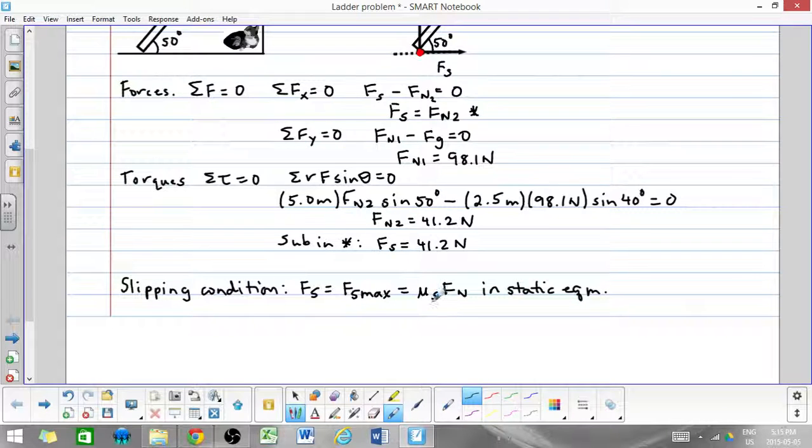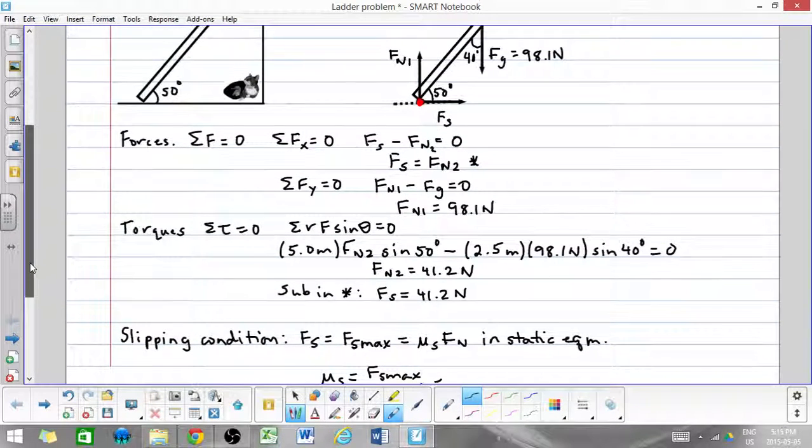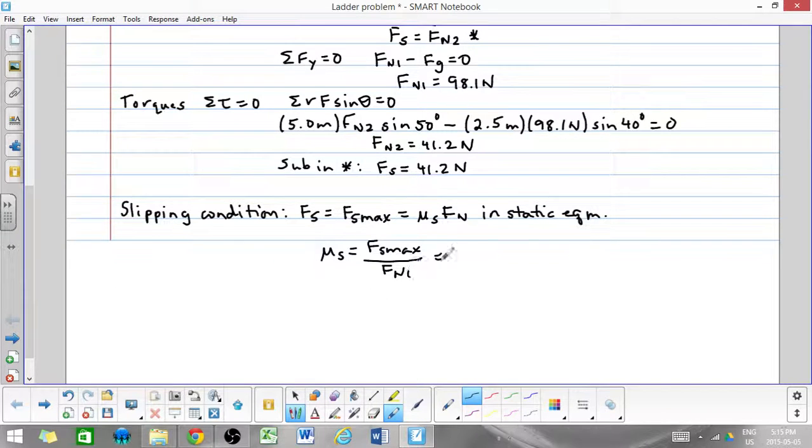So having solved then for Fs, we take it to be Fs max, and we can then say that mu s is equal to the maximum force of static friction over the normal force, and that is normal force 1, the value with the floor, 41.2 newtons divided by 98.1 newtons, which gives you 0.420, and you can write your concluding statement.